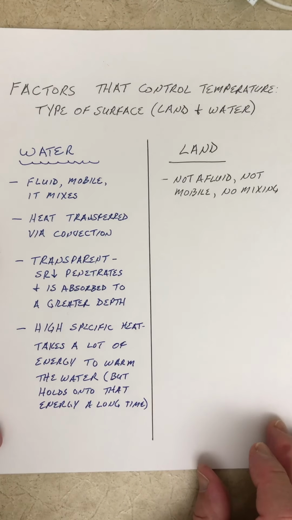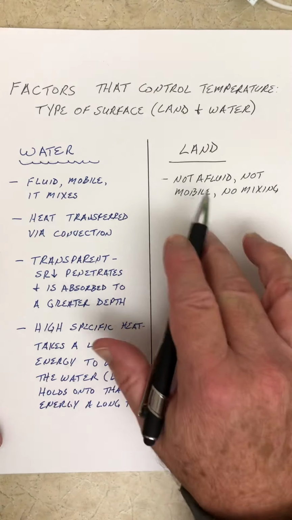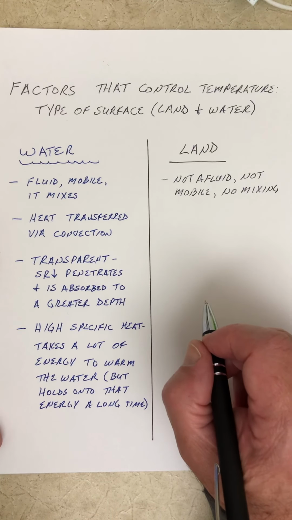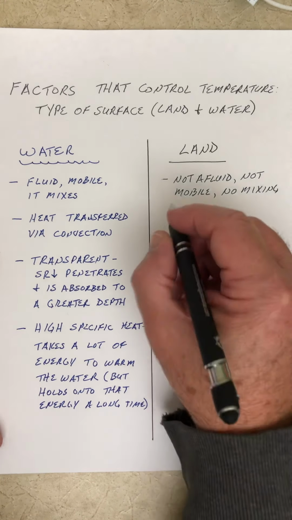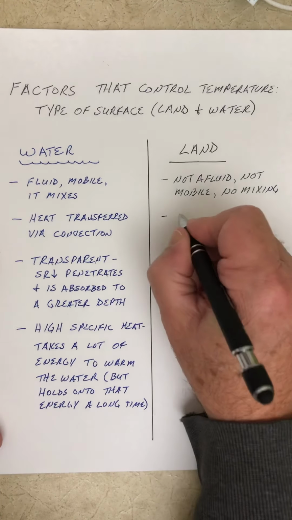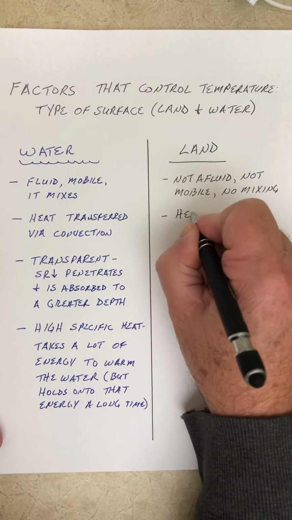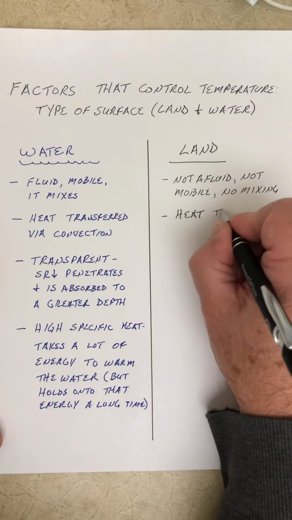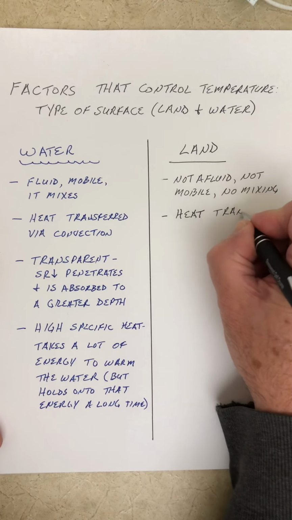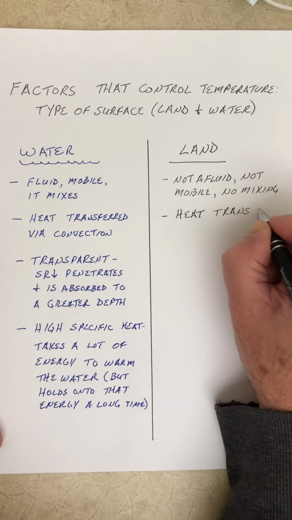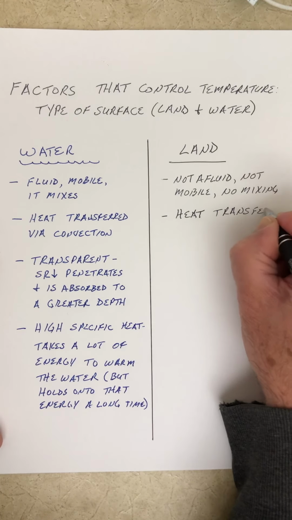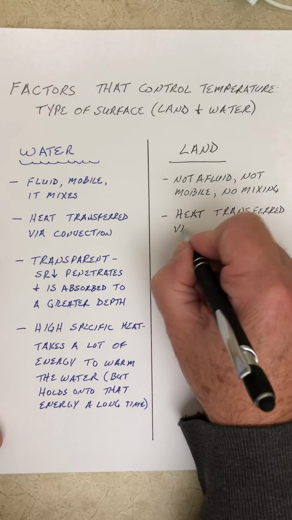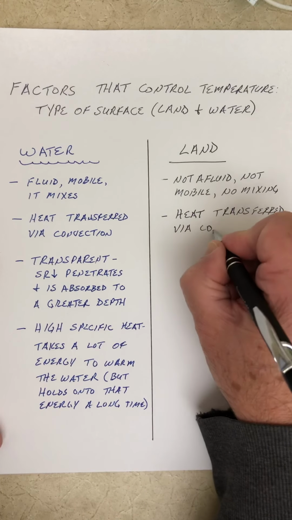So any heat energy that is absorbed by the land is not mixing. It can be transferred, and that's the next point actually, that over land, any heat that's absorbed by the land is transferred by conduction.